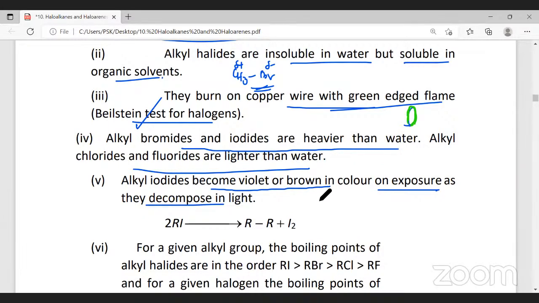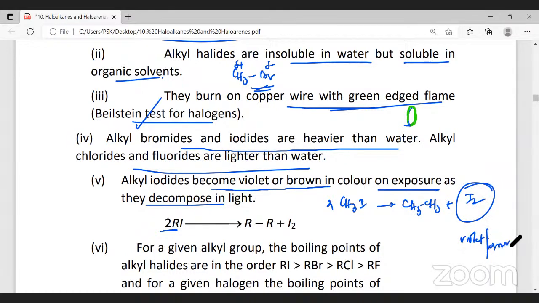Alkyl iodides become violet in color. For example, CH3I decomposes to form CH3 and gives iodine. This iodine which is formed becomes violet, or appears brown in color.